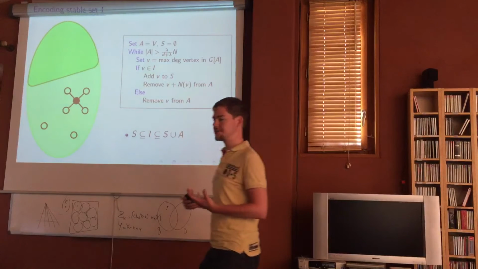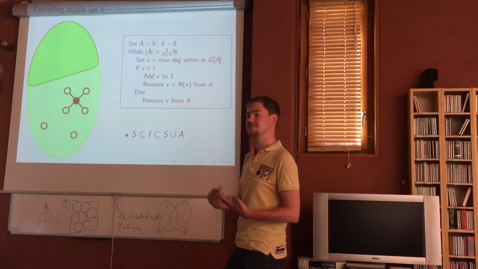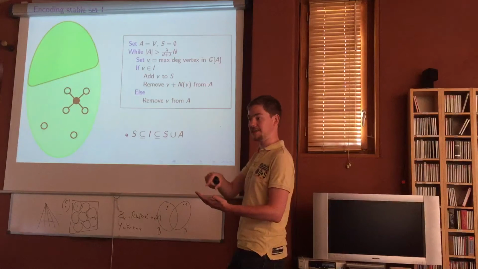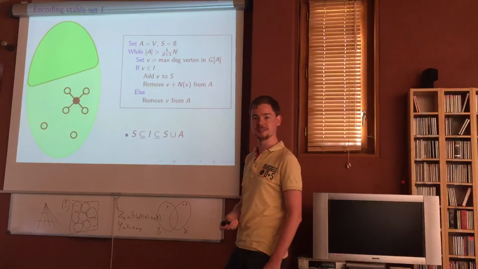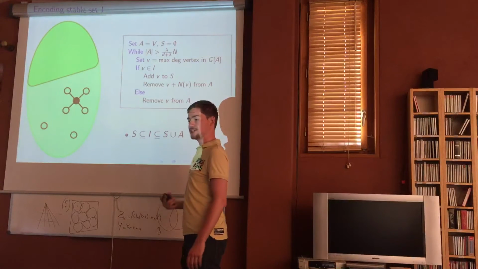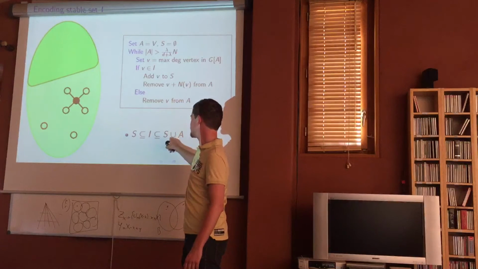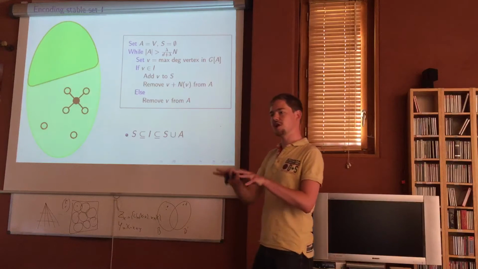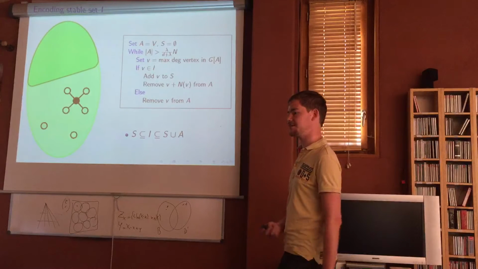Every vertex is either in S, in the neighborhood of S, or in A, but we've certified that in the neighborhood of S there are no vertices in the stable set. So you also know that the stable set that you want to encode is a subset of S union A. This localizes where the stable set is in your graph.